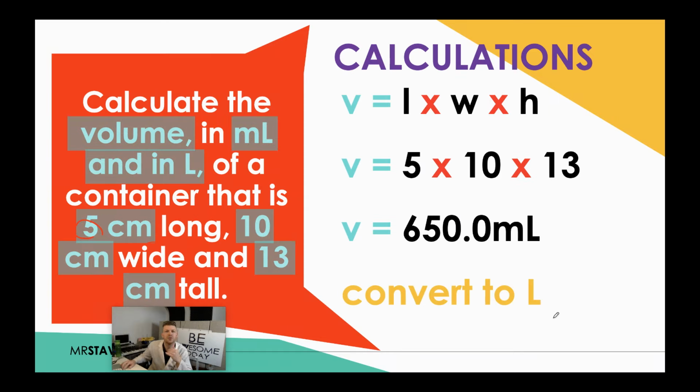So to convert to liters, we're going to move it once, twice, 3 times. So the volume in liters would be just over half of a liter, 0.65. Got that down, and I'm going to get our next display ready to go.